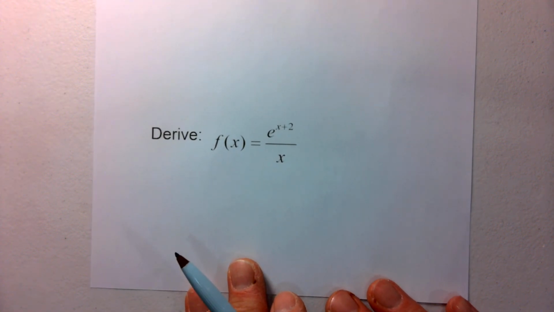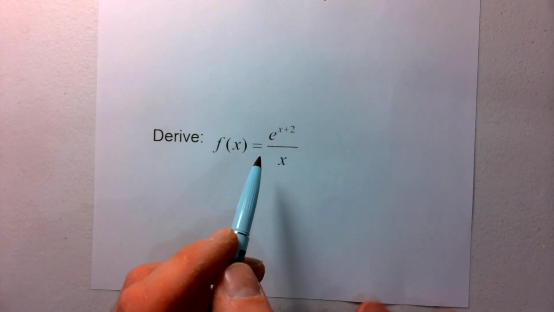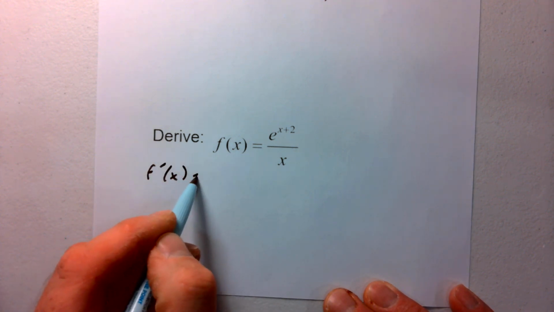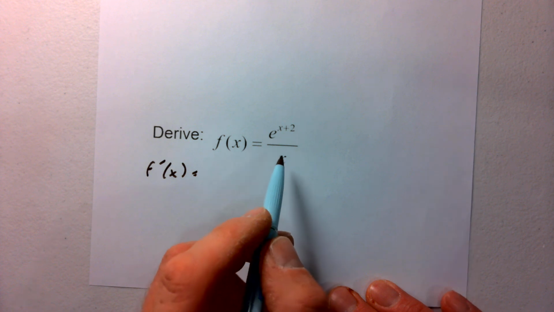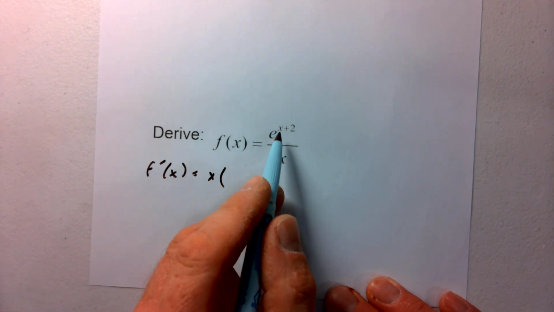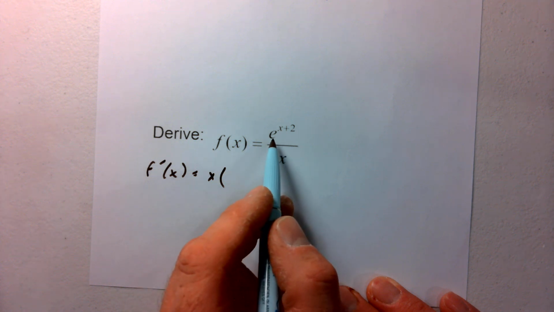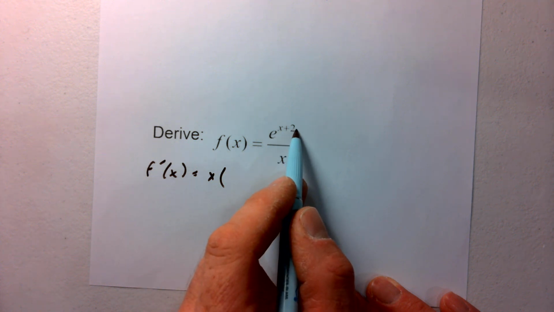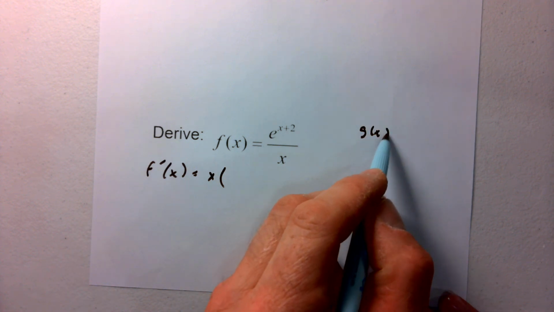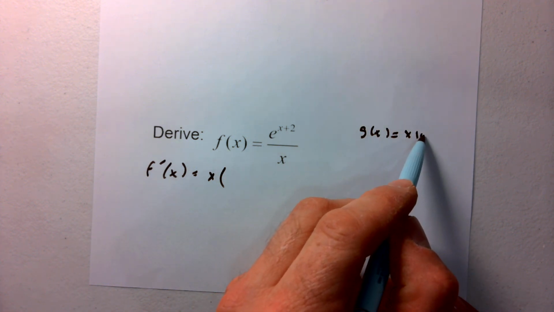And finally, I wanted to do a simpler quotient rule that we're going to see. So here, quotient rule tells us low, so the denominator, times the derivative of the numerator, d high, derivative of e to the x plus 2. Derivative of x plus 2, if you need to, you can come off to the side. g of x equals x plus 2.